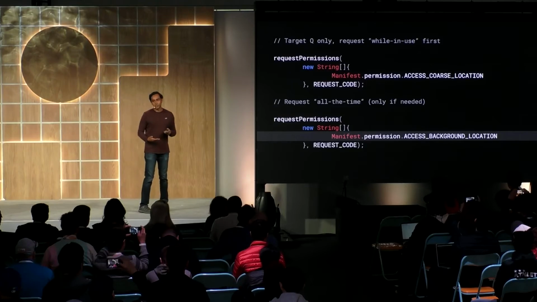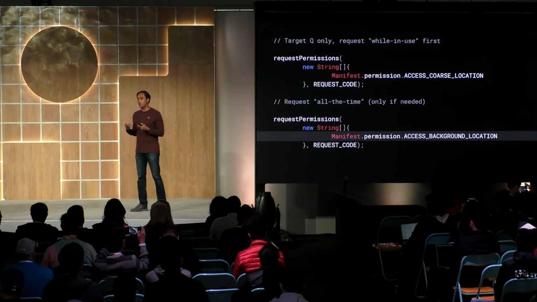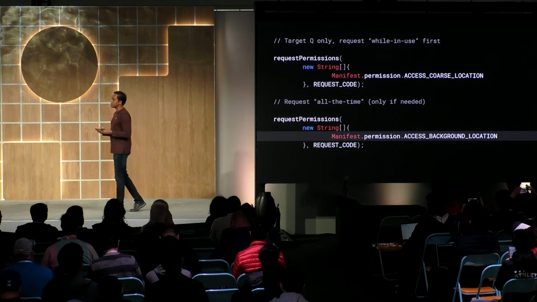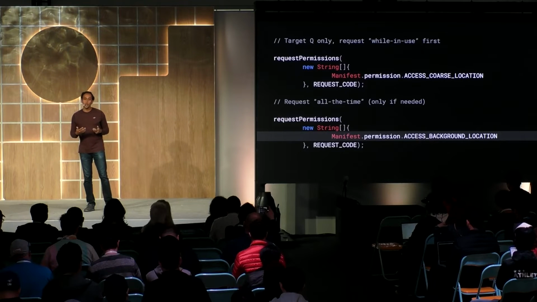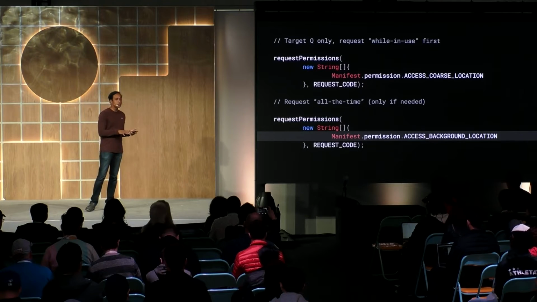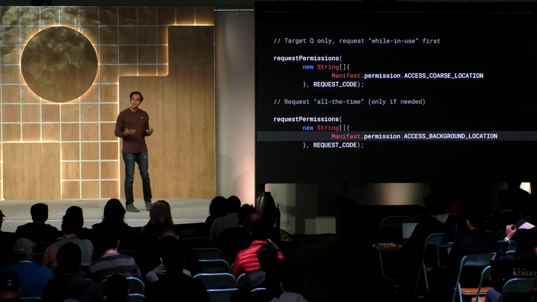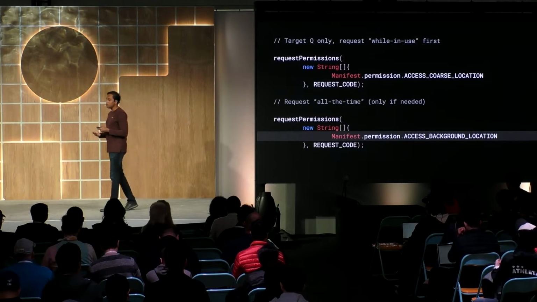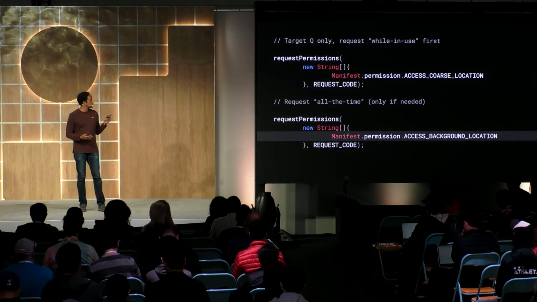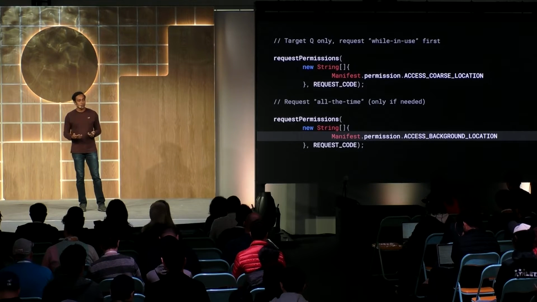How do you request users for a higher level of access, or rather, the ability to access device location in the background? As a best practice, we recommend developers to first check if your app has access to device location in the foreground. And if it does, then you can specify ACCESS_BACKGROUND_LOCATION in the requestPermissions method to request the user for this higher level of access.